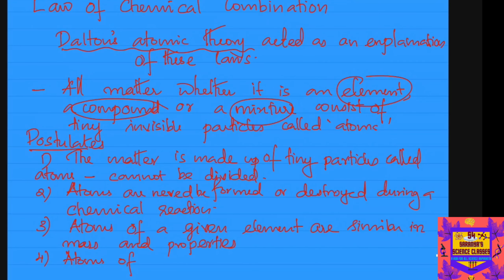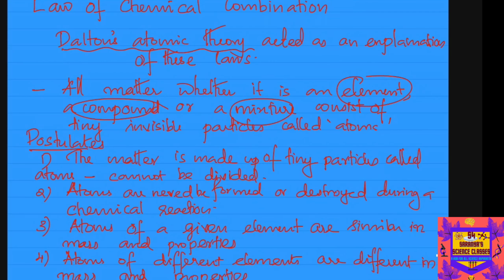Atoms of different elements are different in mass and properties. This was the fourth postulate, and their characters will also be really different.